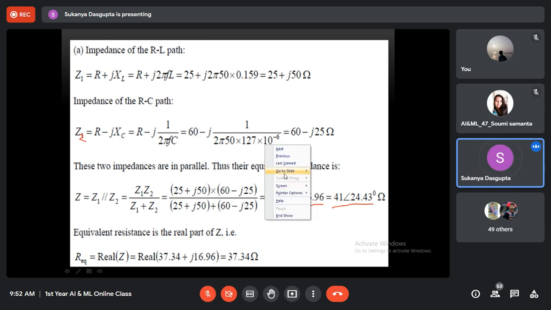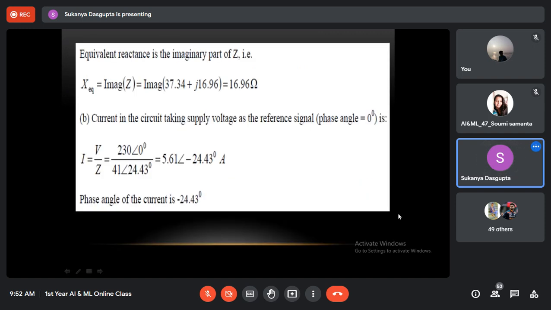Fine. And then the source current will be calculated by using the formula V by Z. V is 230 volt RMS, phase angle was 0 as given in the problem, and Z is 41 angle 24.43 degree.